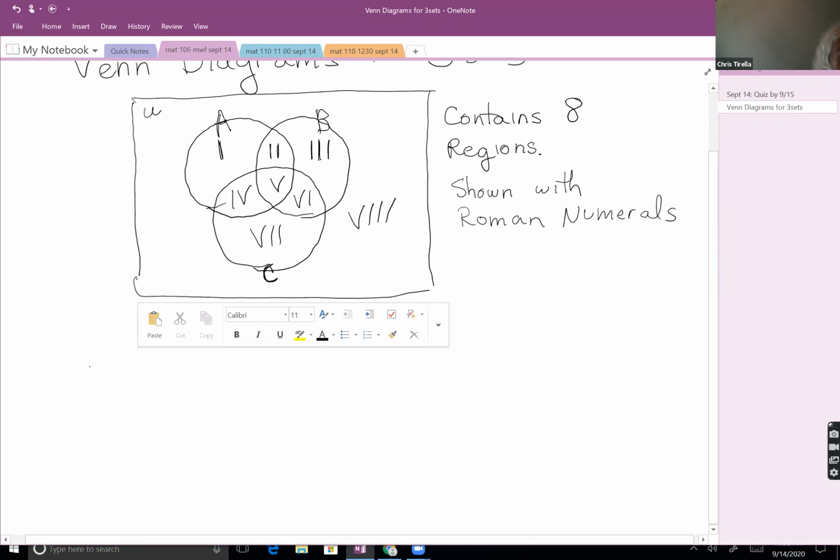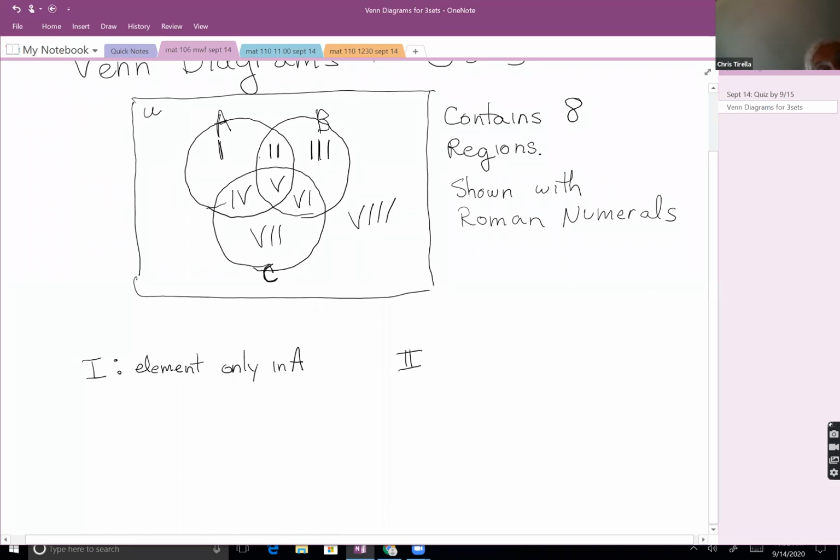If I look at region 1, is everybody all right? Region 1 would be the elements only in A. What would you tell me about region 2?